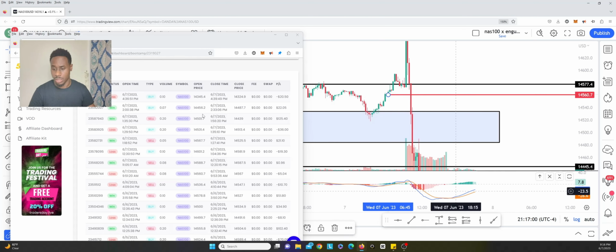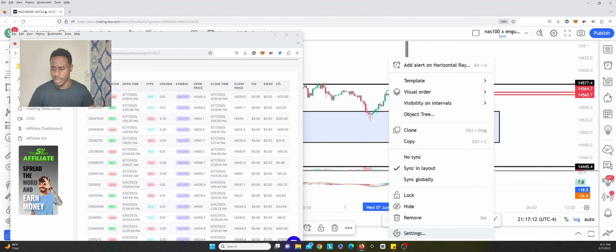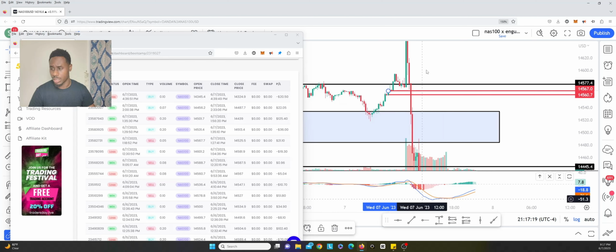Okay. And then I think I got stopped out. I got stopped out within 2 minutes as the market went against me, gnarly, at 14,567 flat. And I basically got hit out of the trade there. First trade of the morning for $5.